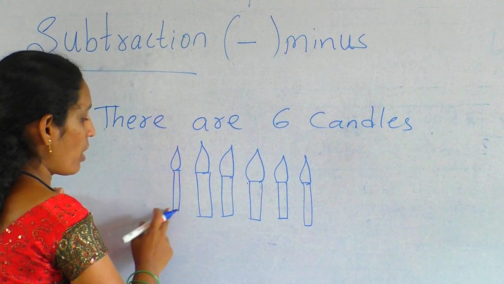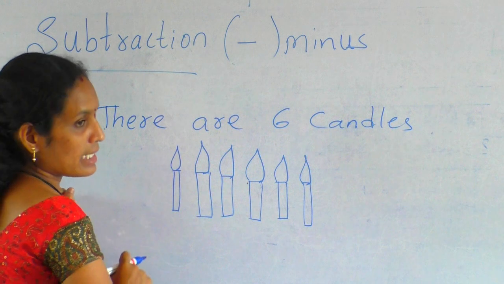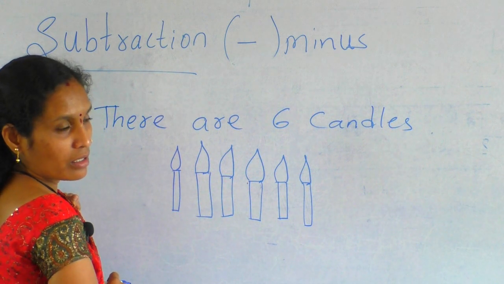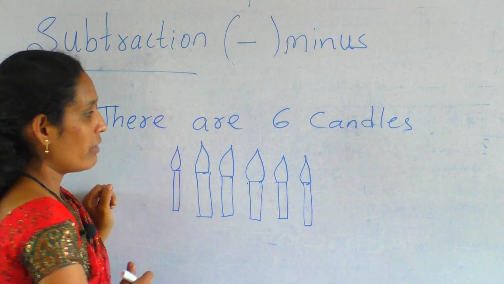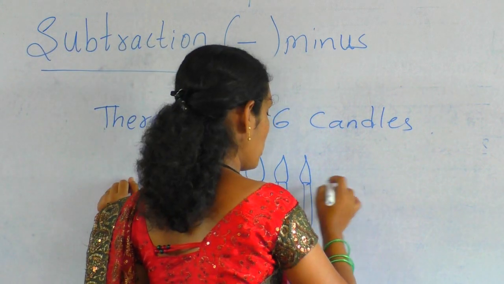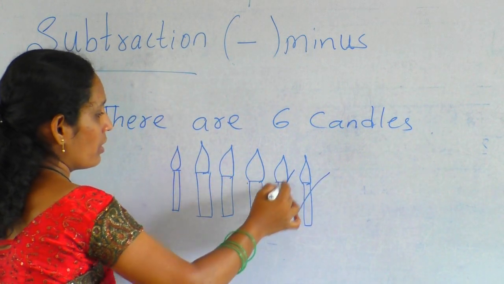Six candles. How many? 1, 2, 3, 4, 5, 6. In these 6 candles, I will blow off 2 candles. See, 1, 2.